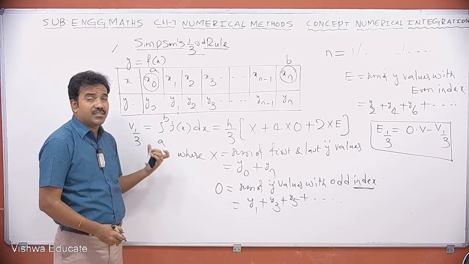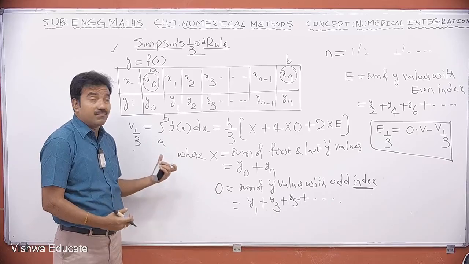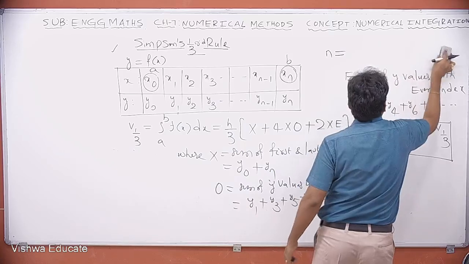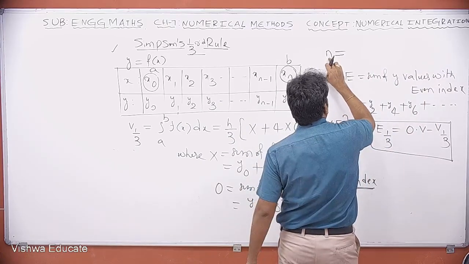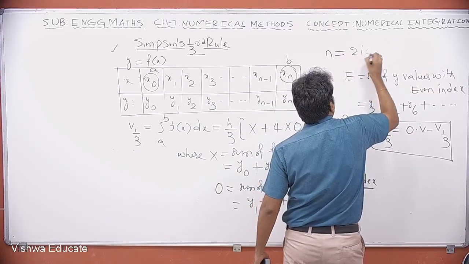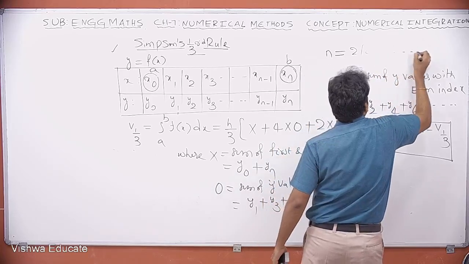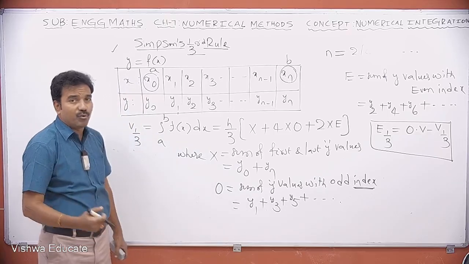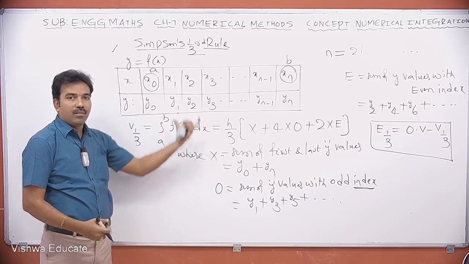Now my next task is to find the number of subintervals in case of Simpson's 1/3 rule. In case of Simpson's 1/3 rule, the number of subintervals required, that is the n value, must be a multiple of 2. So 2, 4, 6, etc. I will give the explanation of why it is a multiple of 2 within a few minutes. Okay, so note all these points.